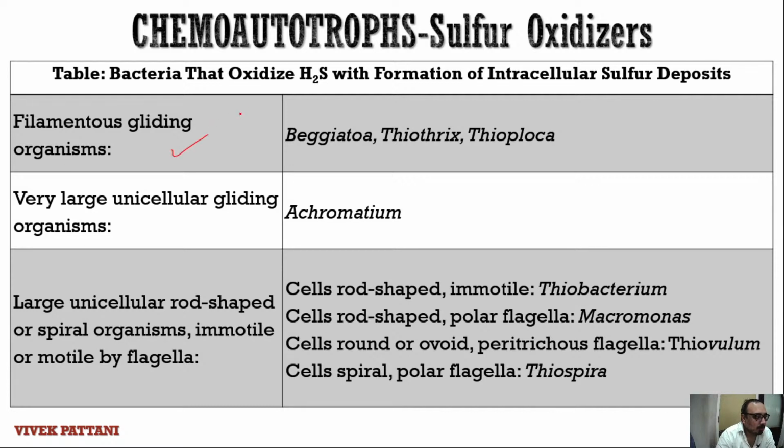The bacteria which oxidize hydrogen sulfide with the formation of intracellular sulfur deposits: the first group is the filamentous gliding organisms, which includes Beggiatoa, Thiothrix, Thioploca. Next is the very large unicellular gliding organisms, of which the first one is Achromatium.